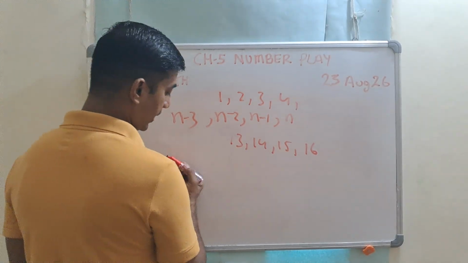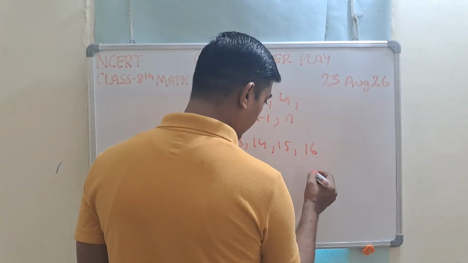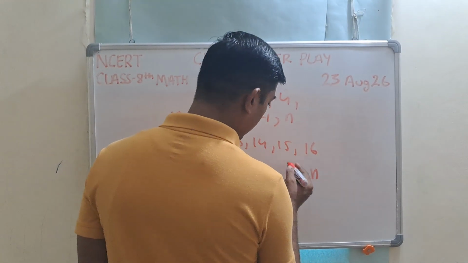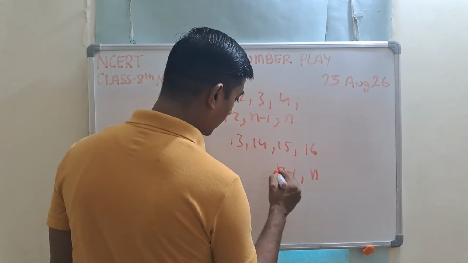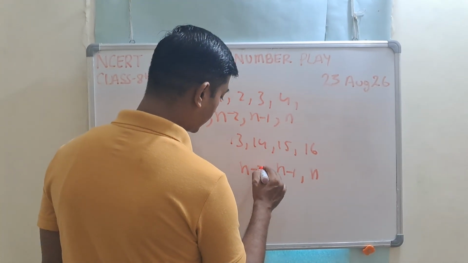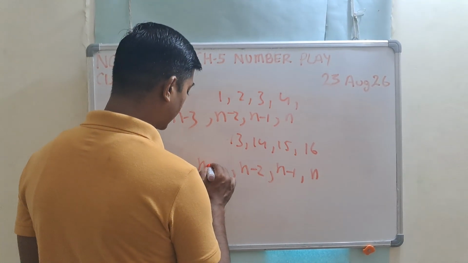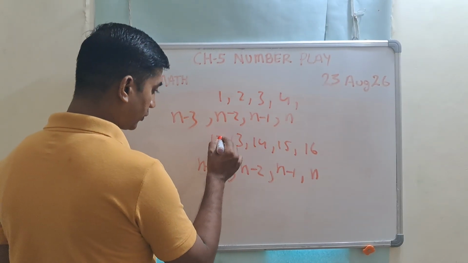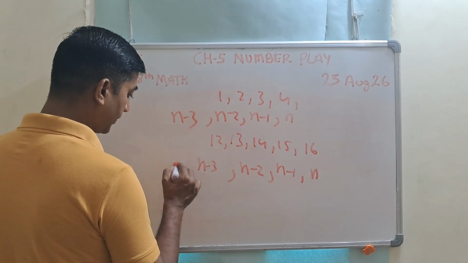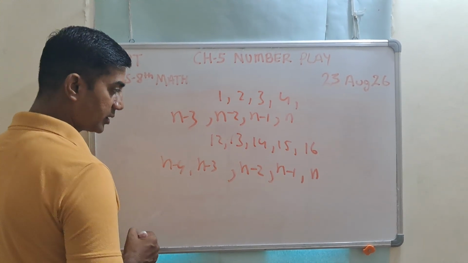And this is applicable to all. If we consider this 16 as n, then 15 will be n minus 1, 14 will be n minus 2, and 13 will be n minus 3, and so on. If we have 12, then this will be n minus 4. Understood?